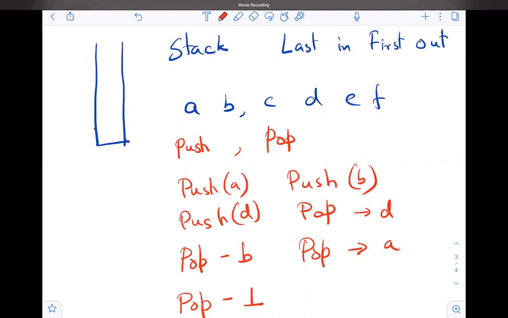So, last in, first out, because the thing that goes in last is the thing that comes out first.